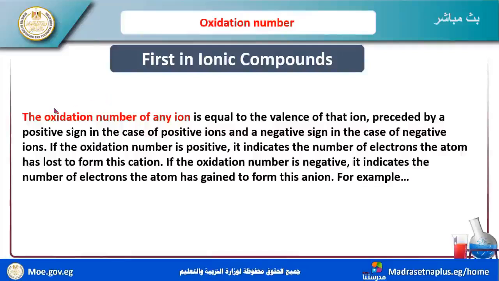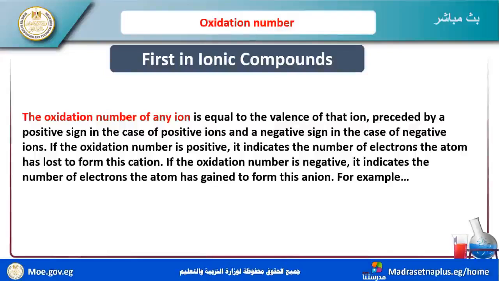When any atom loses one electron in a reaction, it is converted into positive one. Now we can call it positive one, monovalent, like sodium.